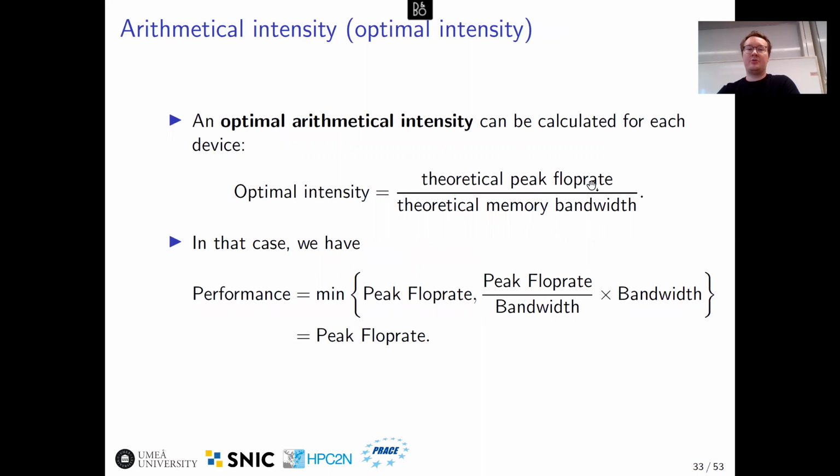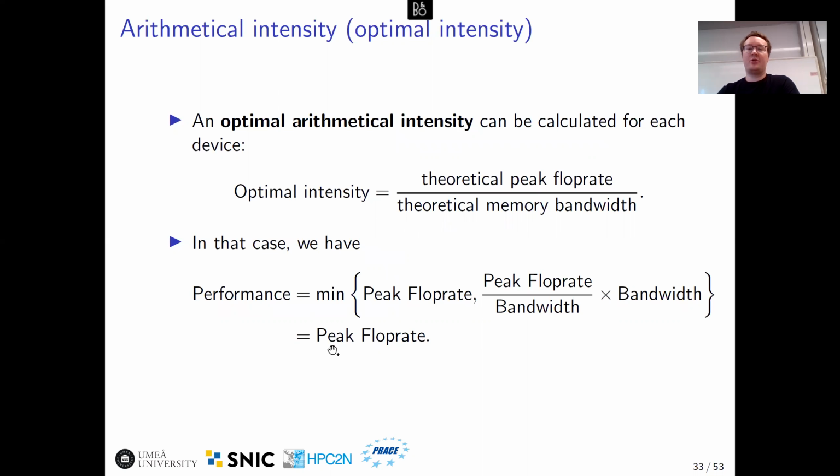Then I told you that you can compute the optimal arithmetical intensity for any device, where you take the theoretical peak flop rate and divide that by the theoretical memory bandwidth. And if you plug this number into the previous formula, you will end up basically just taking the minimum of peak flop rate and peak flop rate.